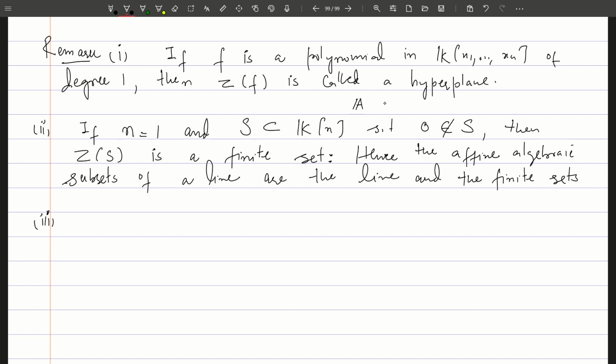Similarly, if n is equal to 2, then the affine algebraic sets other than the empty set and the plane are curves. Let us write this down. If n is equal to 2, then we have the affine space A^2, which is two-dimensional.